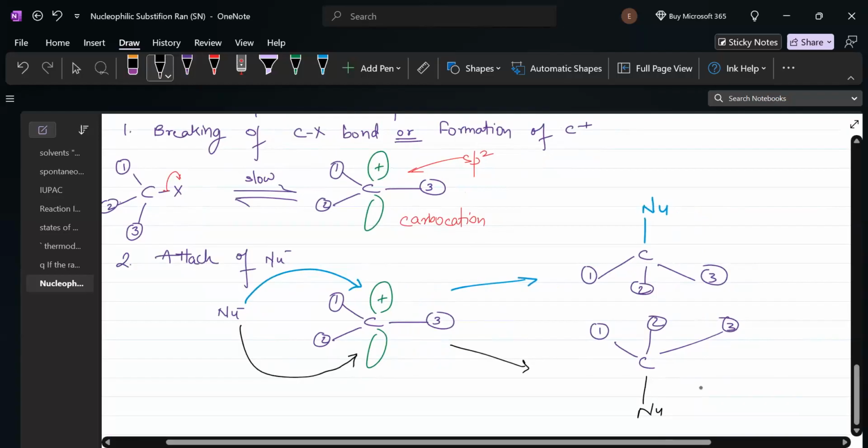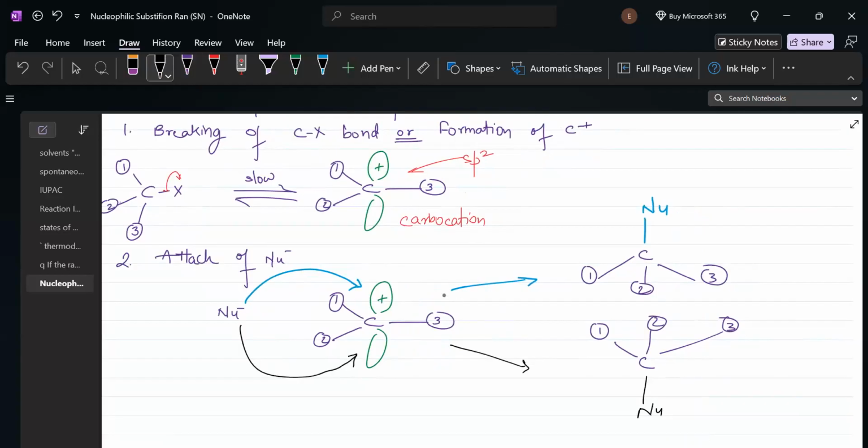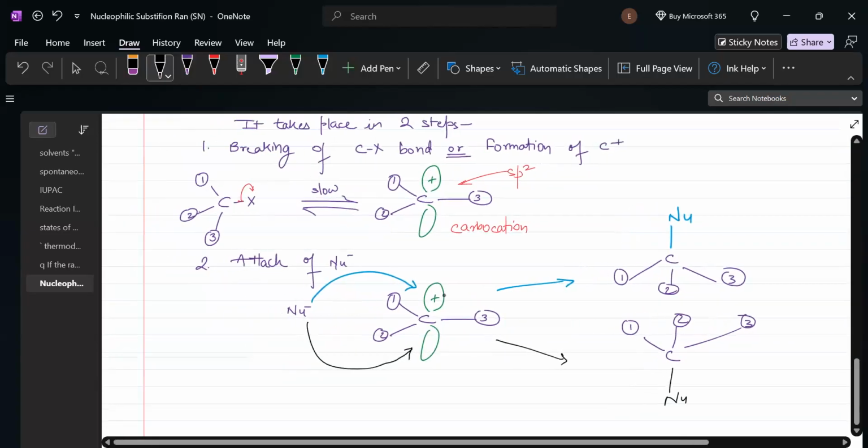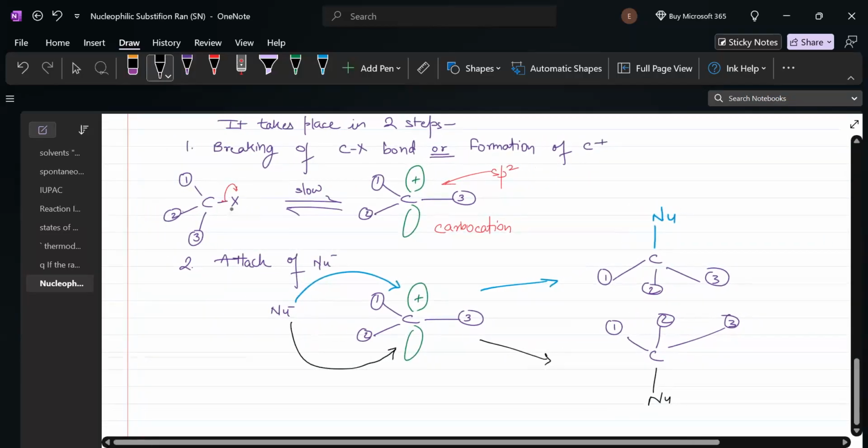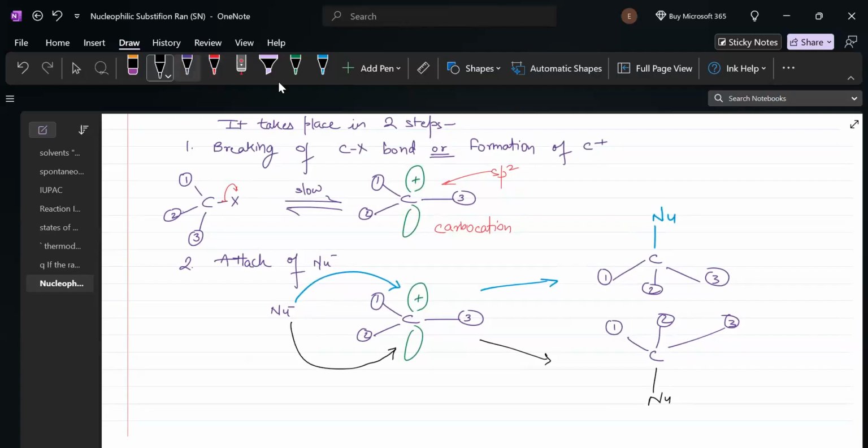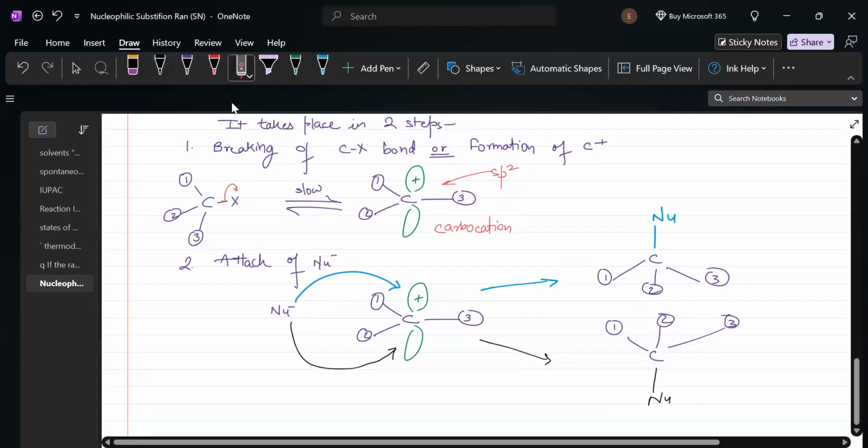So what is happening? You have to see this thing, that this leaving group has gone, right? And the nucleophile has attacked from this side and this back side.